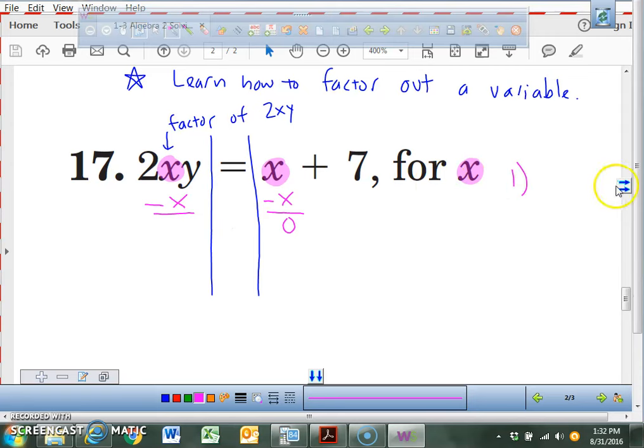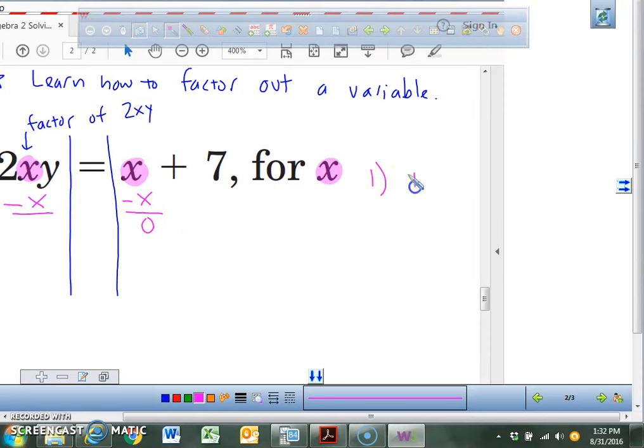So step 1, what we're going to do is isolate all the x variables. Which means we've got to get all the variables that deal with x on one side. So what we did is we subtracted x from both sides of the equal sign.